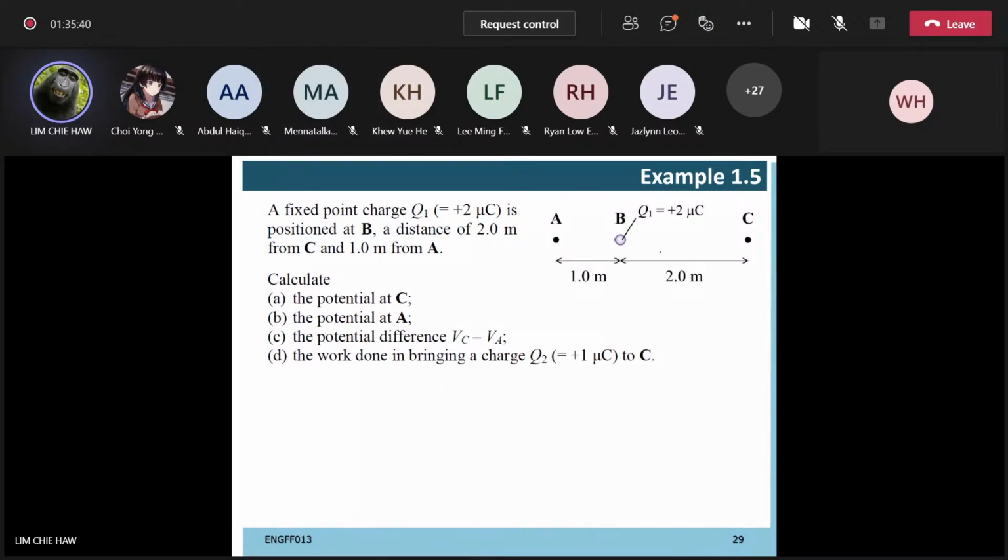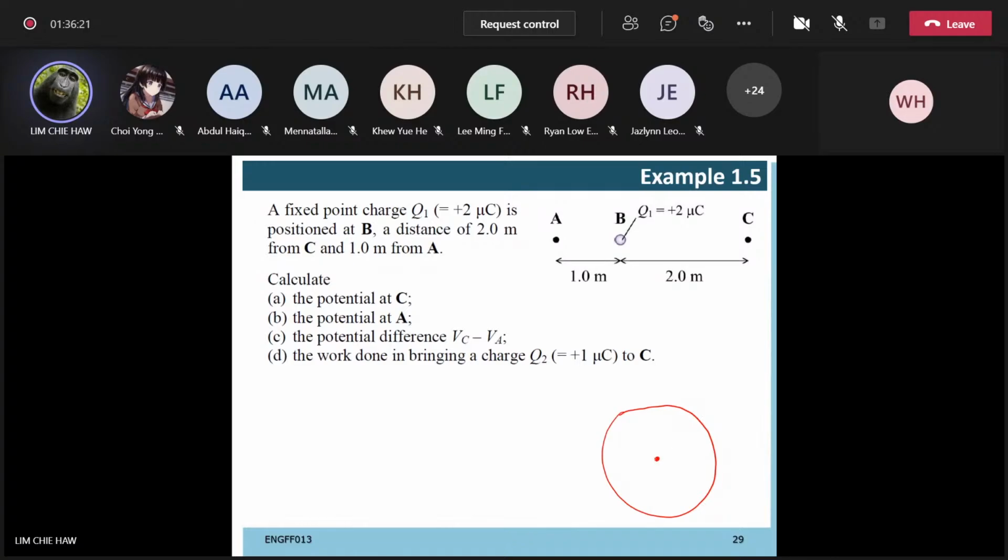This example is about the electric field, but if I model it as our Earth, imagine this is our Earth.